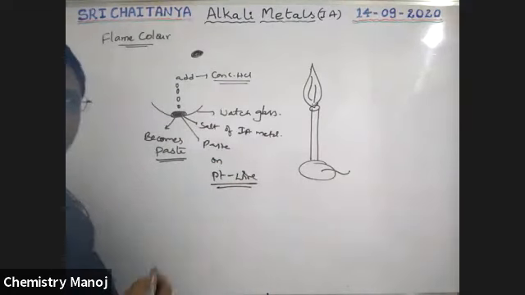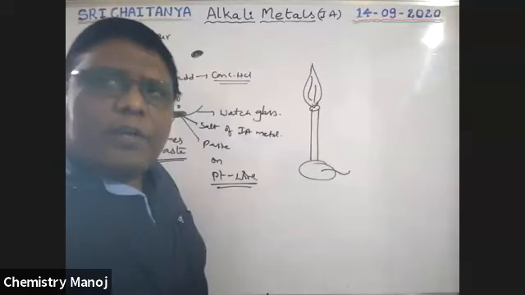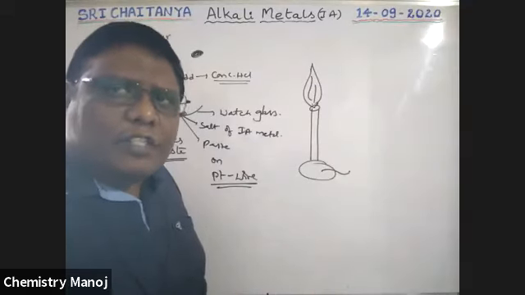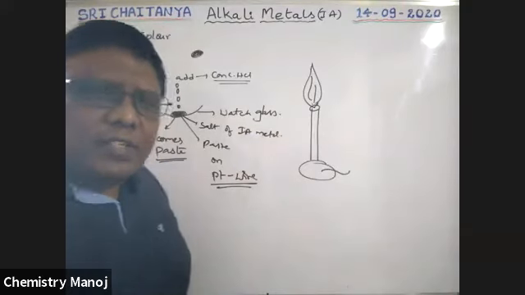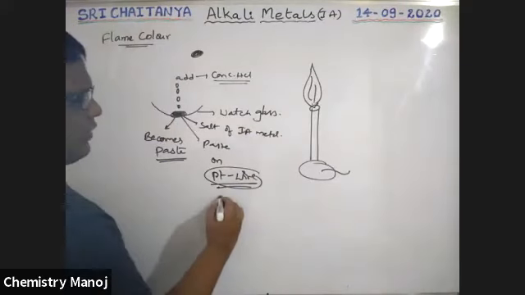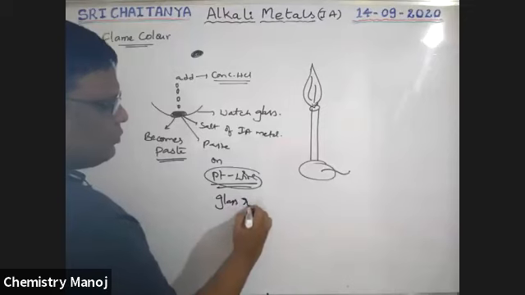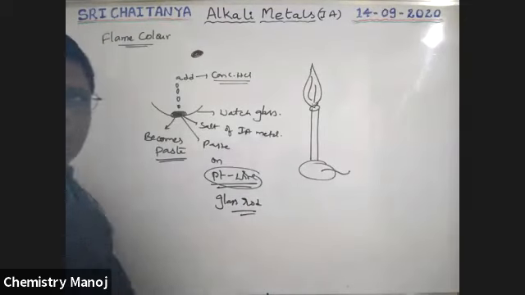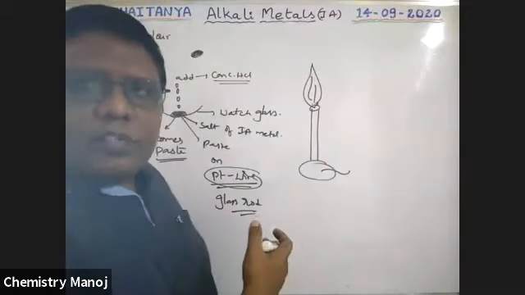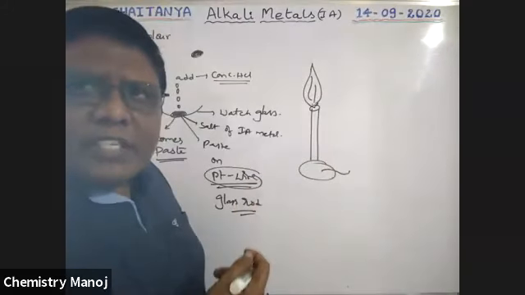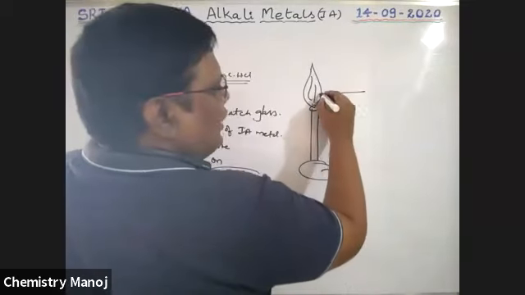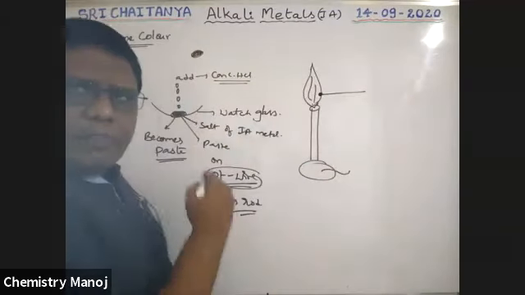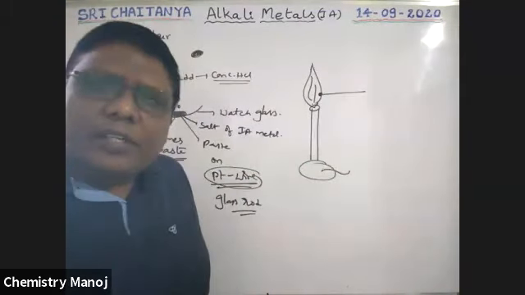It is very important. If platinum wire is not available, because platinum costs too much, in our laboratory we use glass rods. So platinum wire is replaced with glass rods. On this glass rod, the paste is taken at one of the edges.